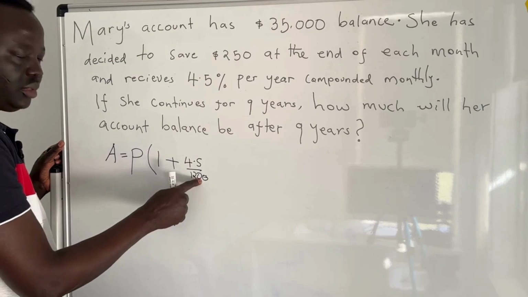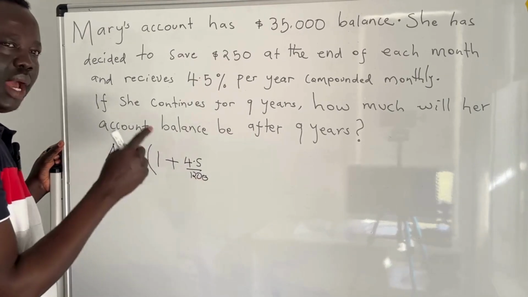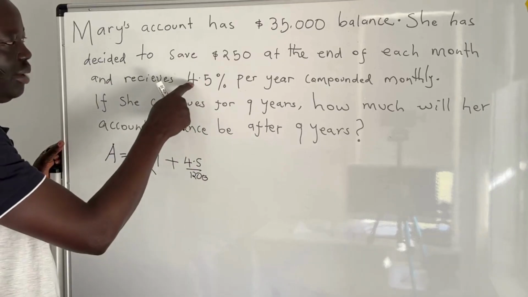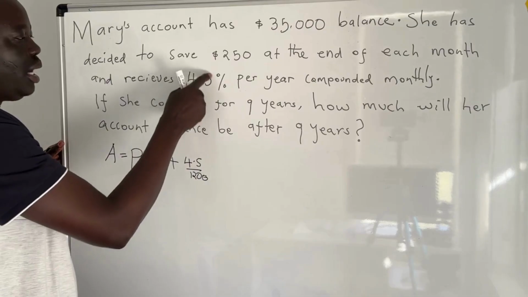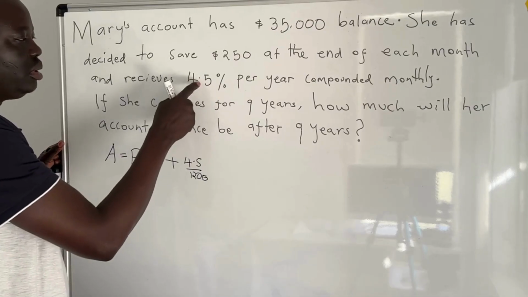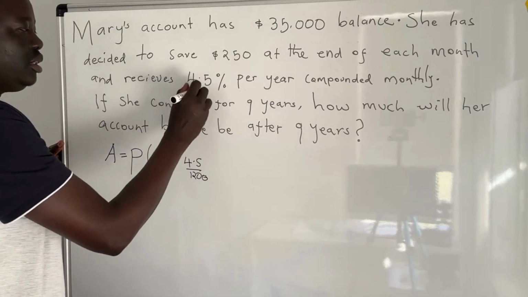And this 100 here, the one I put at the back of it, is 100%, because this one here we have it as 4.5%. So if we convert this one into decimal, we will have 4.5 divided by 100%.